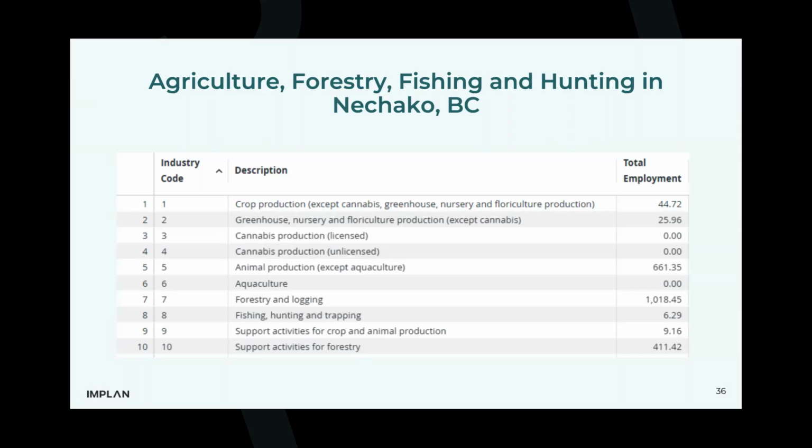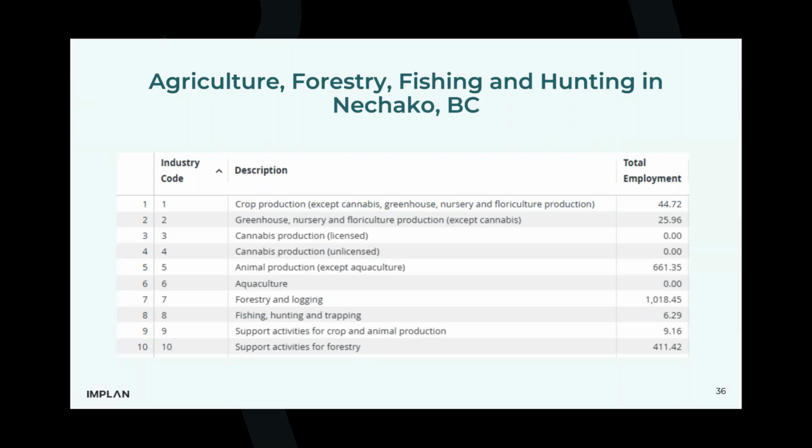Now, I want to note we're only looking at the first 10 IMPLAN sectors. If you look at the full industry set, you can also see that an important employer in Nechako is Industry 52, sawmills and wood preservation.